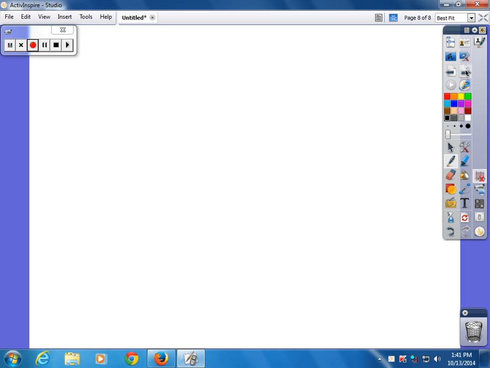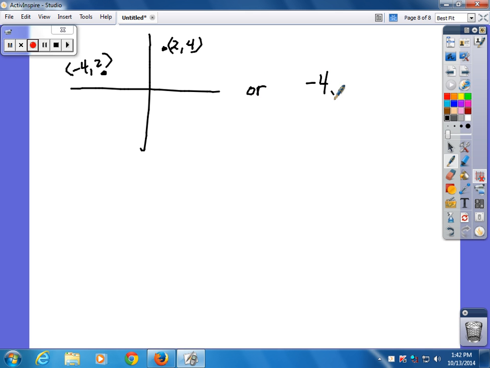Let's go with, and I'll just put it like this: 2, 4, and negative 4, 2. Or negative 4, comma 2, 2, comma 4. See, they're going to be written like this, or it's going to be written like this. Either way, you've got to calculate the slope first.